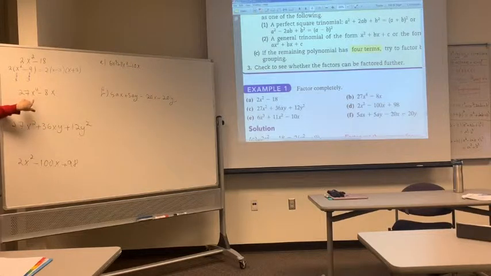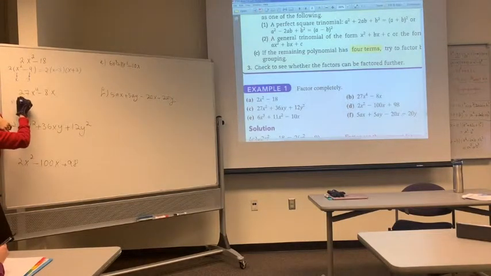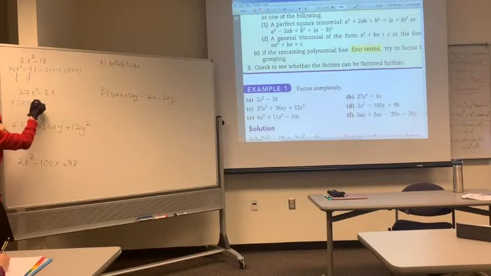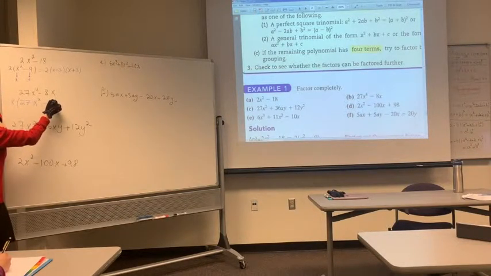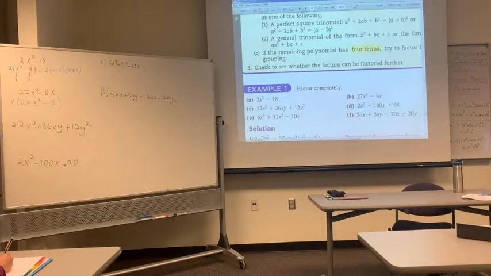So what is common between these two terms? X. X, correct? So it was not difficult. X is common between these two, correct? So you will have 27x to the power 3 minus 8. Correct?